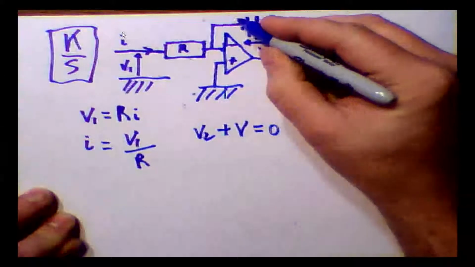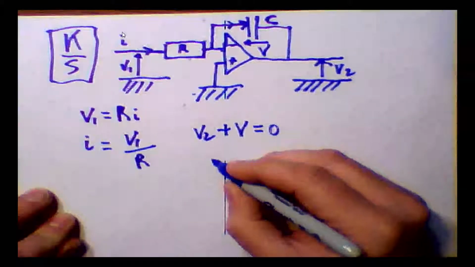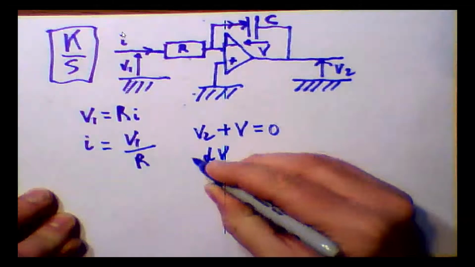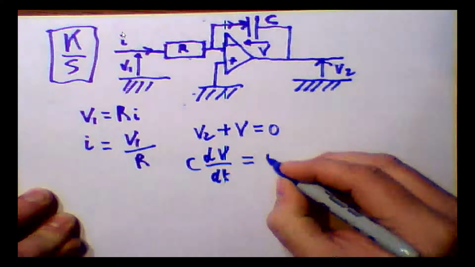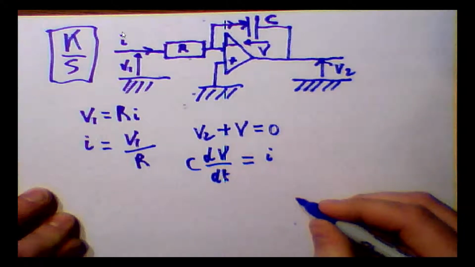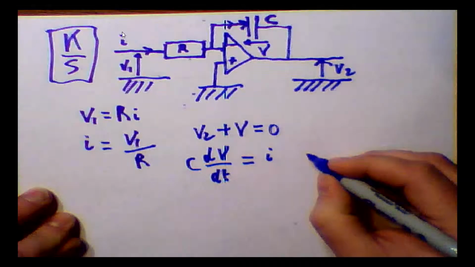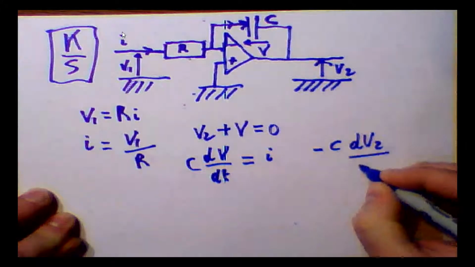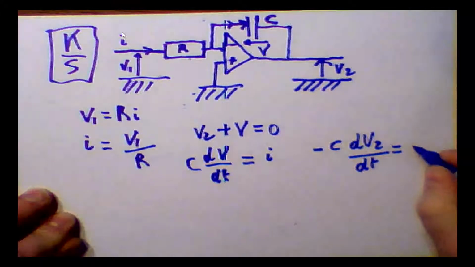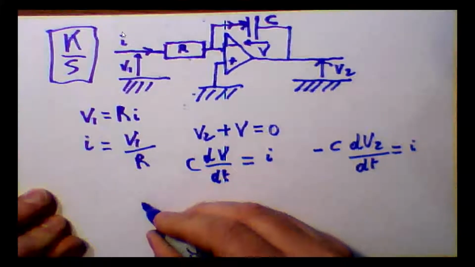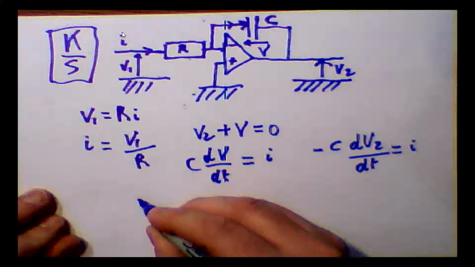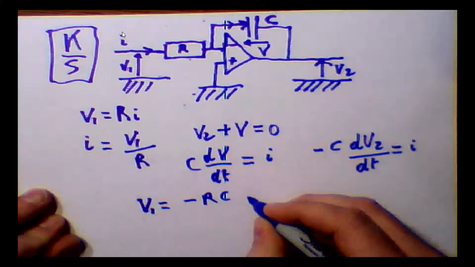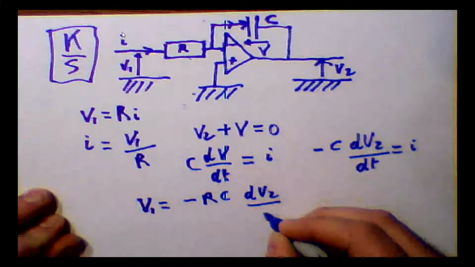And last, we have that dV dt times C must be equal to the current. From this equality, we get that minus C dV2 dt is equal to I, and therefore that V1 is equal to minus RC dV2 dt.